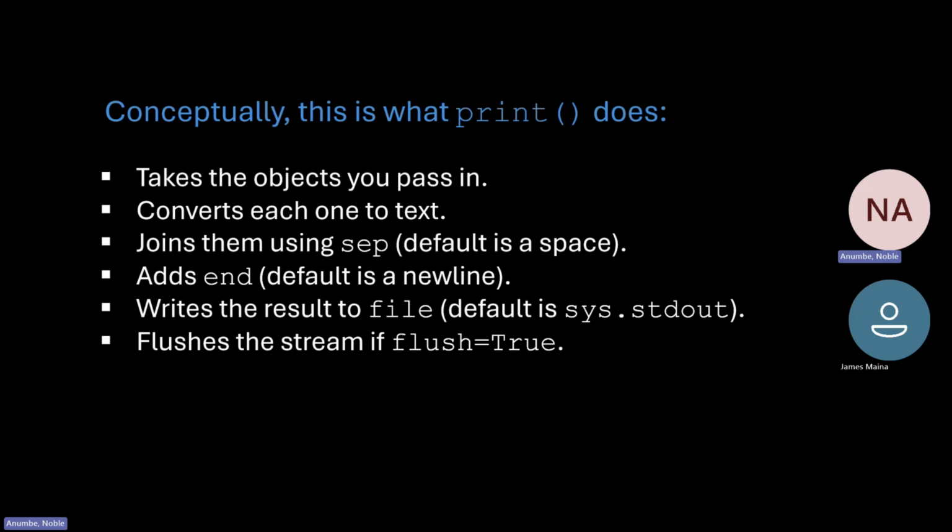And then those objects that have been converted to text, it joins them together using sep, and then it adds an end to every one of them. Then the next thing it does is that it writes that result to a file, and then it just prints it out. That's generally what print will do.